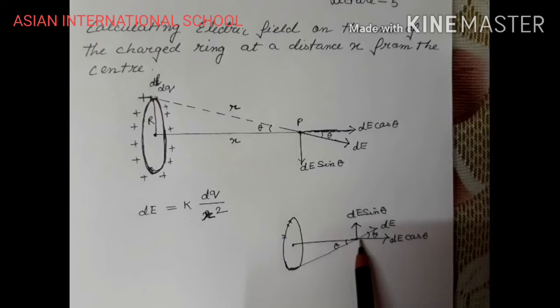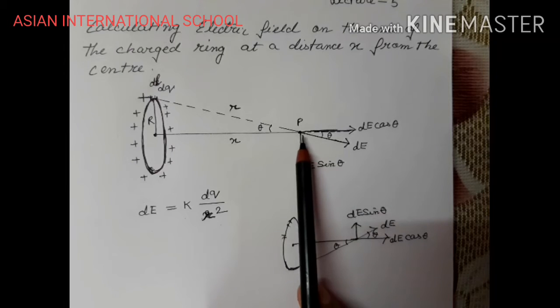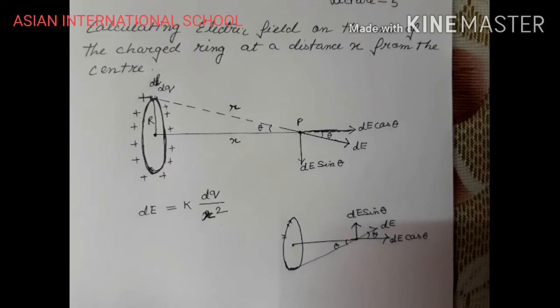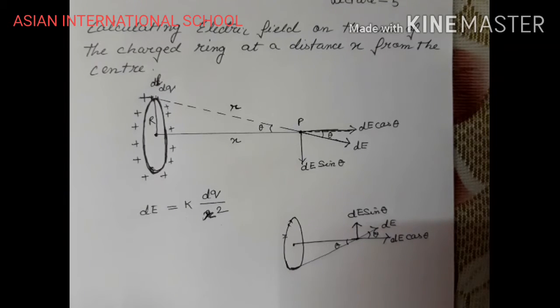But dE sin theta will cancel because of the symmetry of the ring. So we are going to get electric field only because of dE cos theta, not because of dE sin theta.